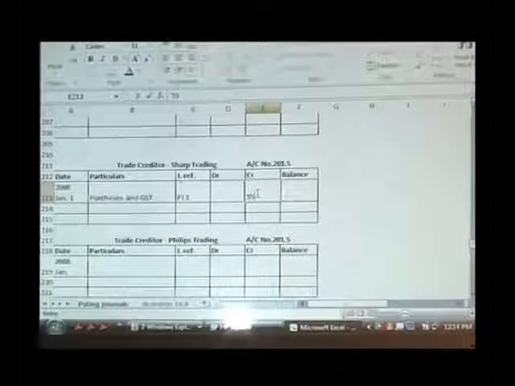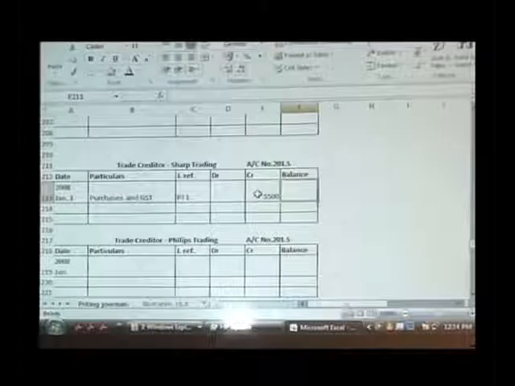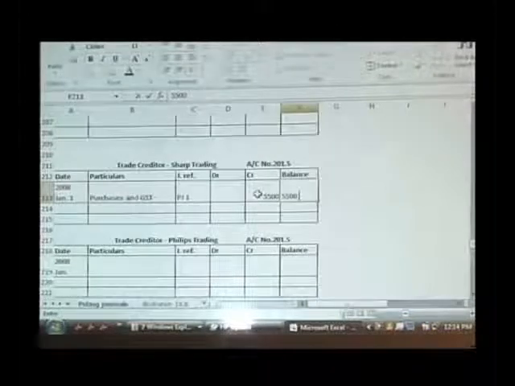Total amount 5,500, credit 5,500, balance is credit.